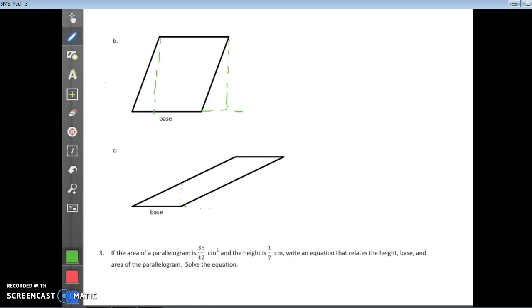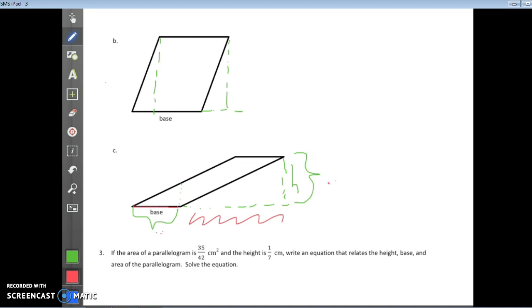So I'd kind of have to bring my line over and bring it down. In this case, this is my height. The measurement from here to here is my height. My base is here, not all of this stuff. This is not my base. The base is just where the lines are. So this is the base, and this is the height.